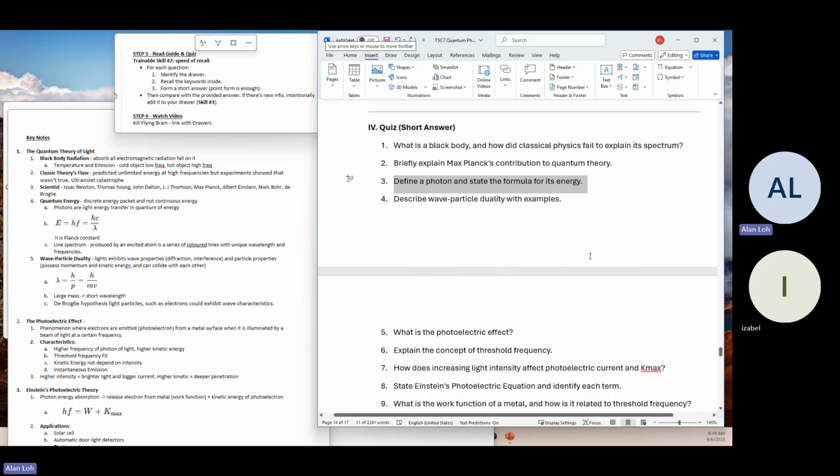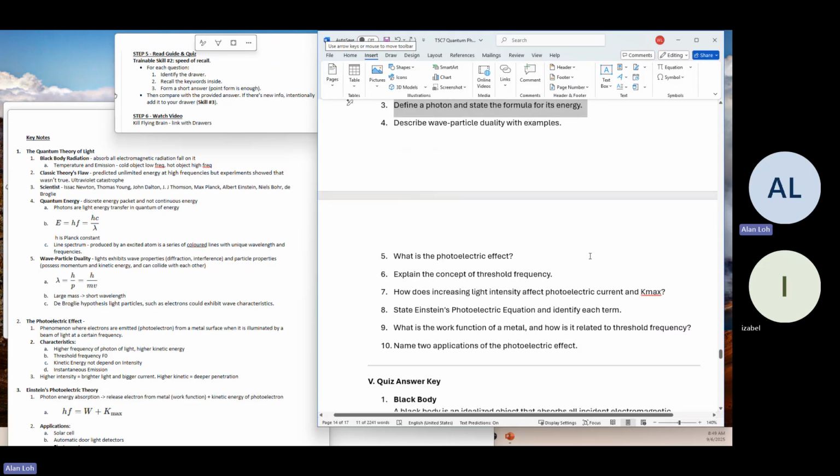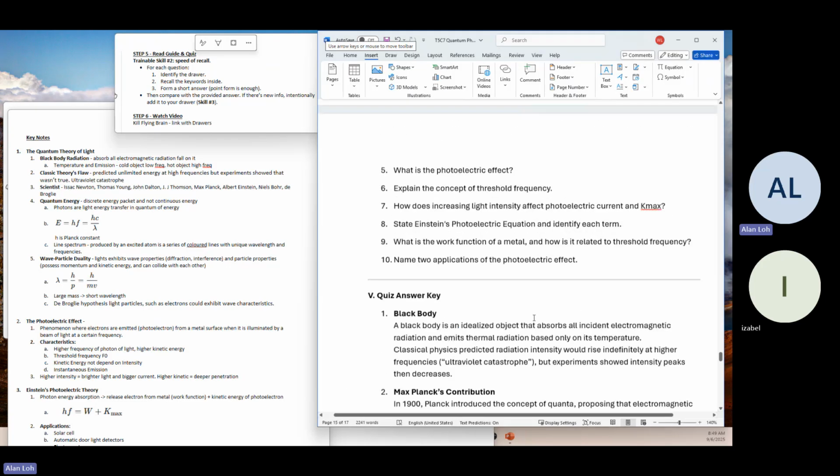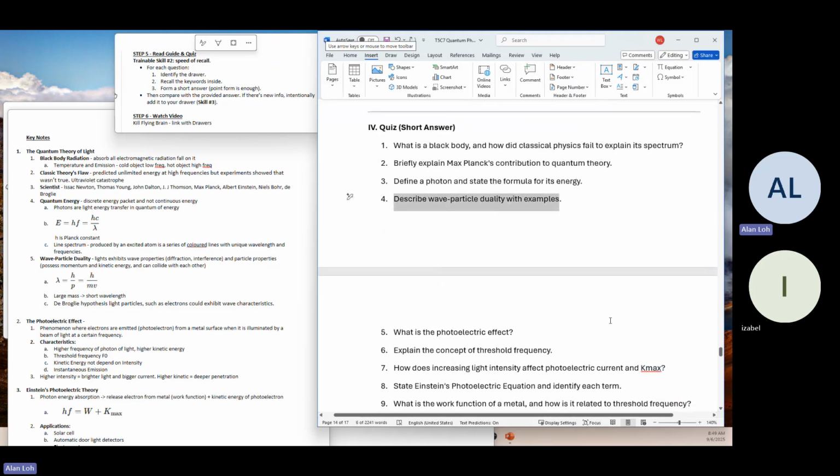All right, so let's compare your answer with his answer. Number 4, double-sided coin.